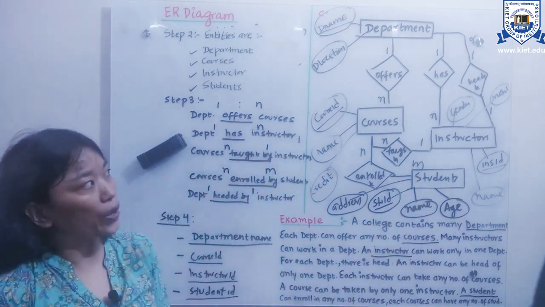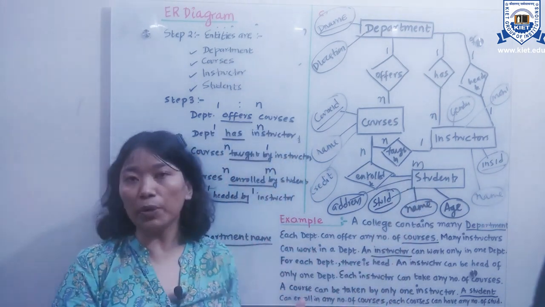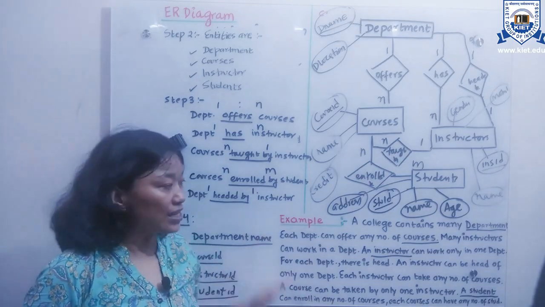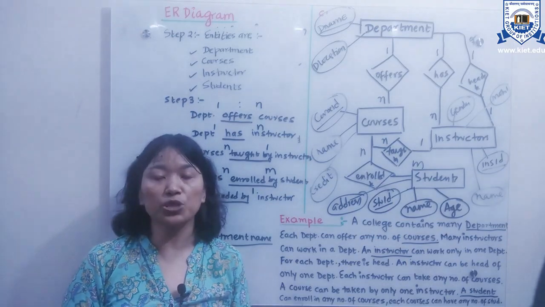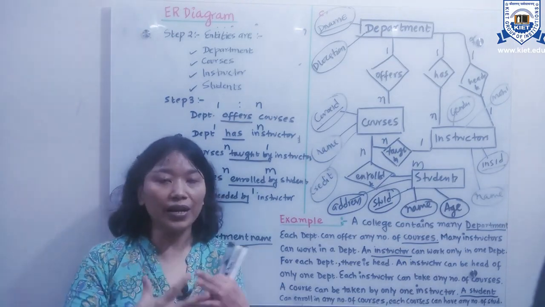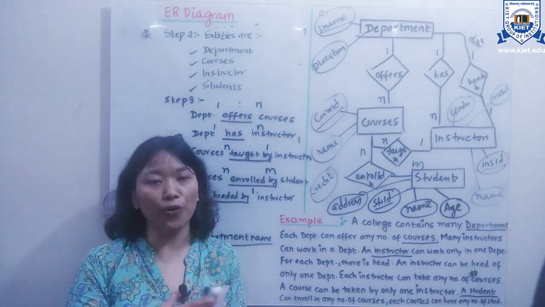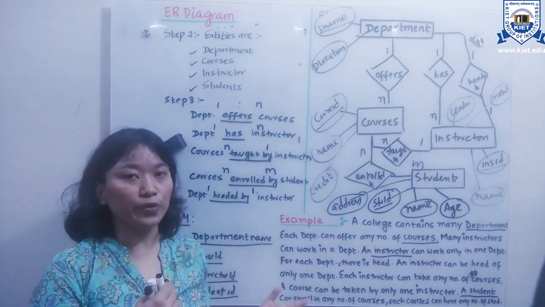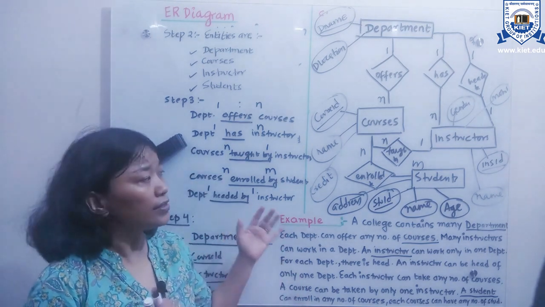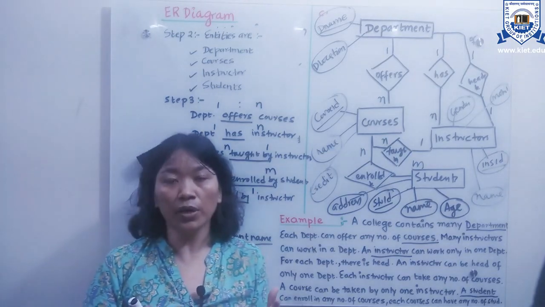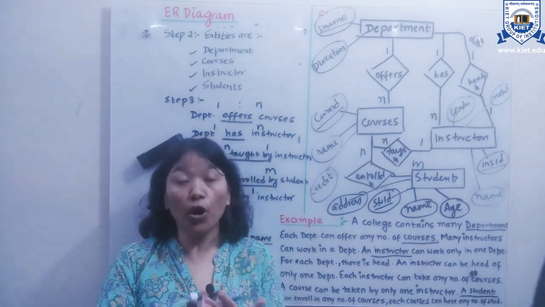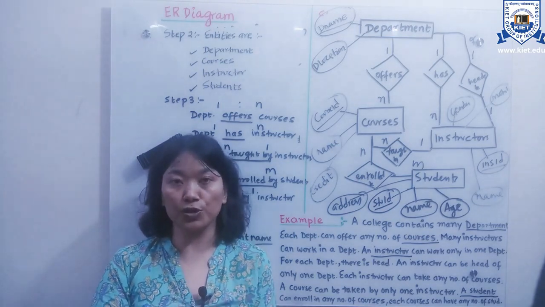So in this way, I have drawn a simple ER diagram of this given example of a college database, where I already designed the scope or the purpose of that college software system. There are many more in ER diagram, as you have heard already in the database management system course.